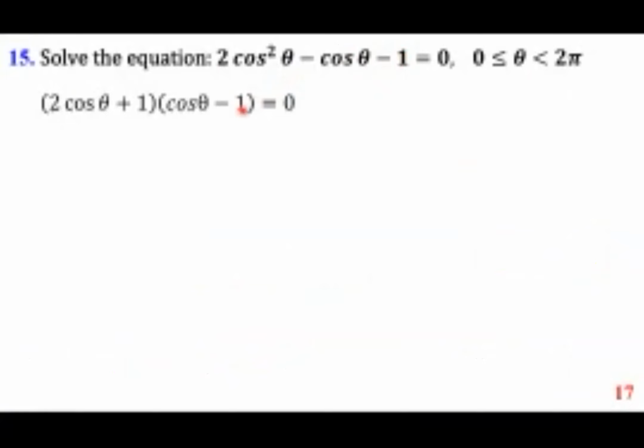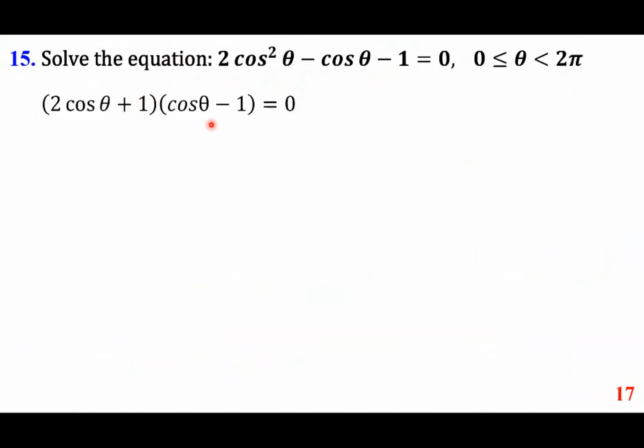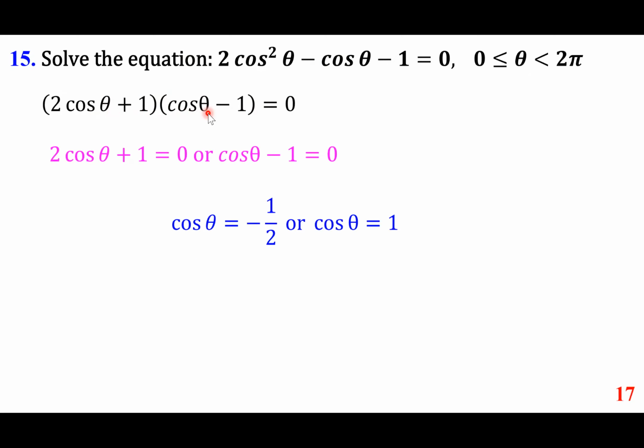The other is -1, just 1 and -1. Put them in a proper order such that the middle term, minus cosine theta, can be obtained. Look at this one, a positive cosine theta and -2 cosine theta gives us the middle term. Therefore, this says cosine theta must be negative 1/2. This says it must be positive 1.